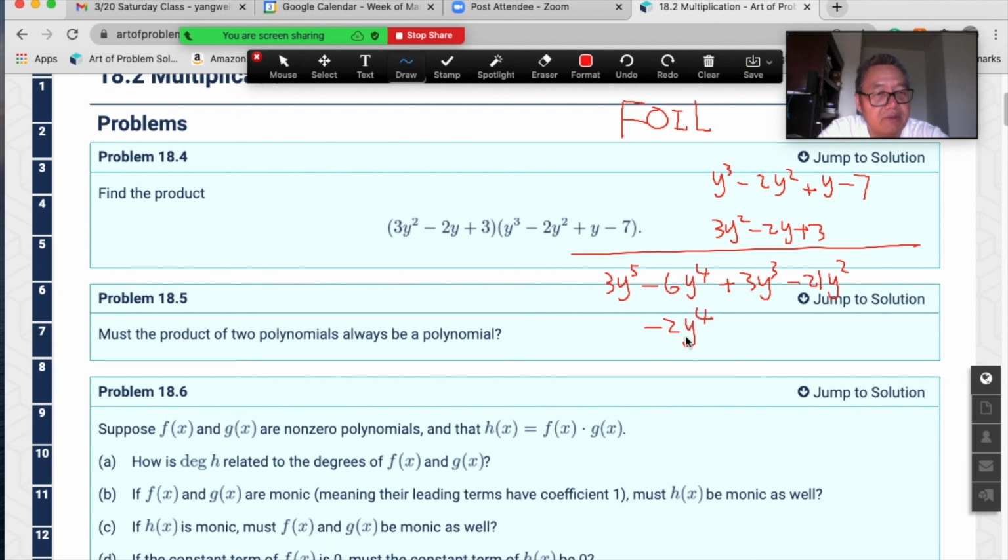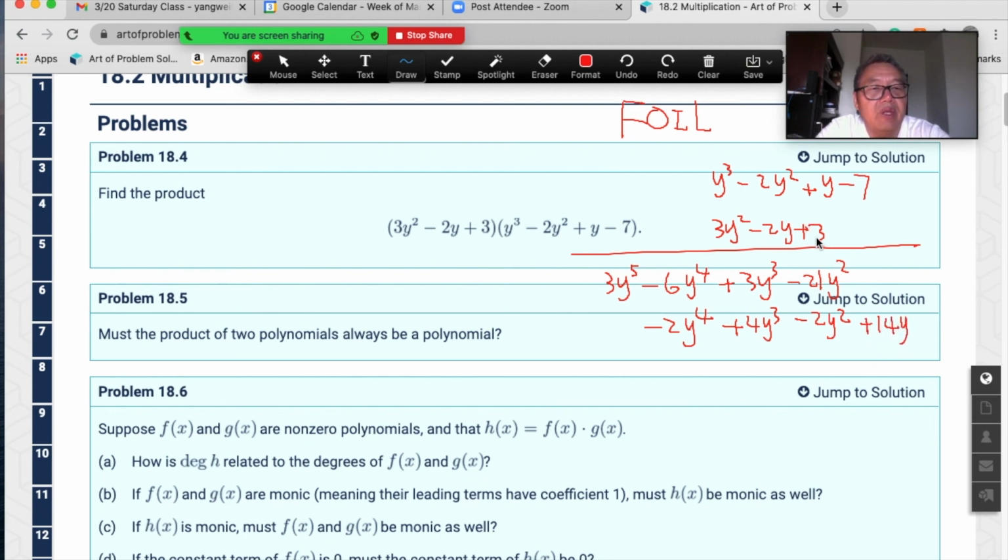Write down the like terms, align them in the same column because we need to merge them. Negative 2y times negative 2y squared will be plus 4y cubed, then minus 2y squared, then plus 14y.